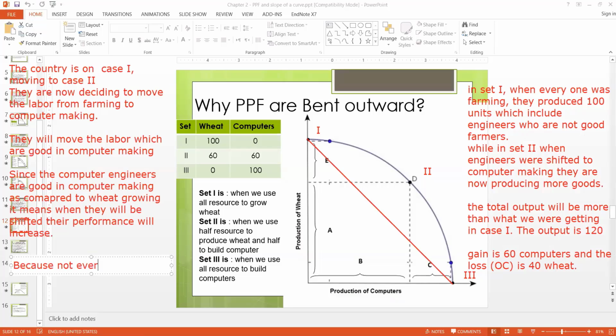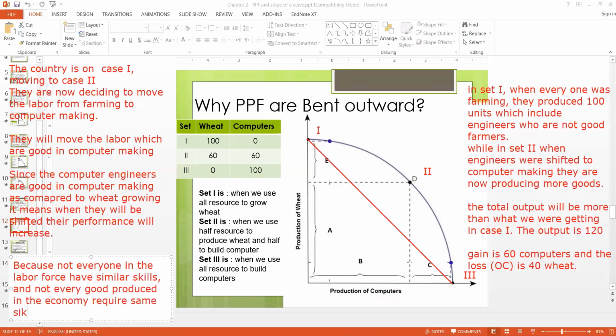not everyone in the labor force has similar skills, and not every good produced in the economy requires the same skills.